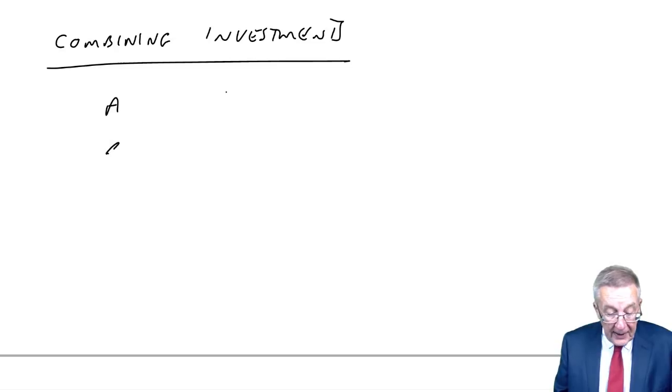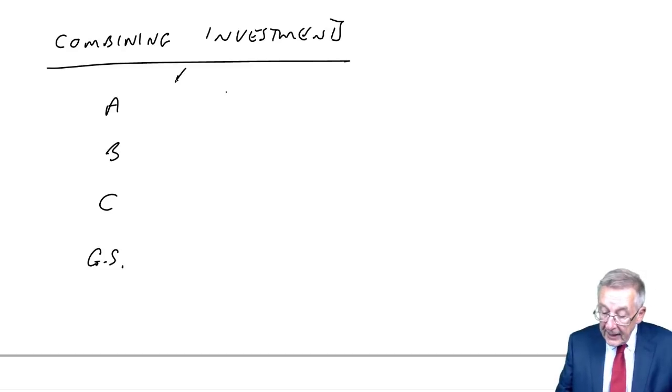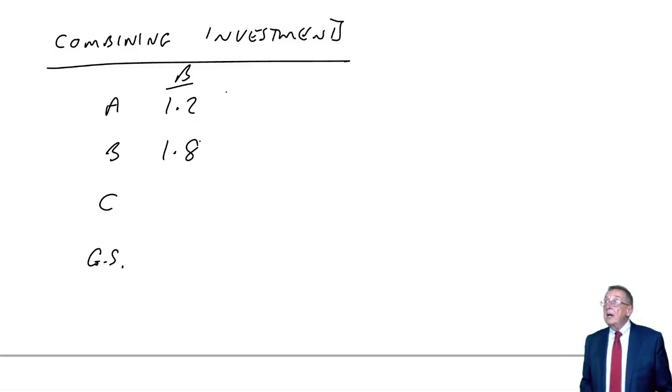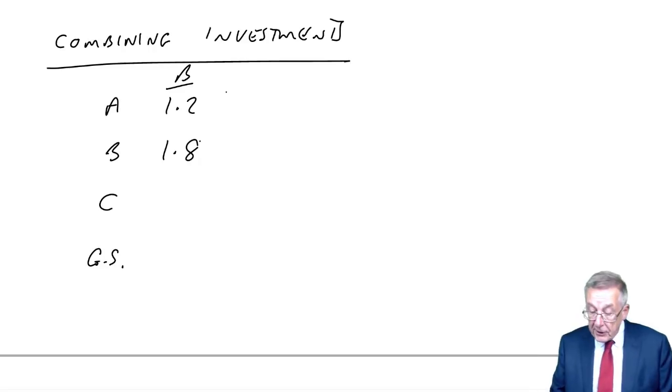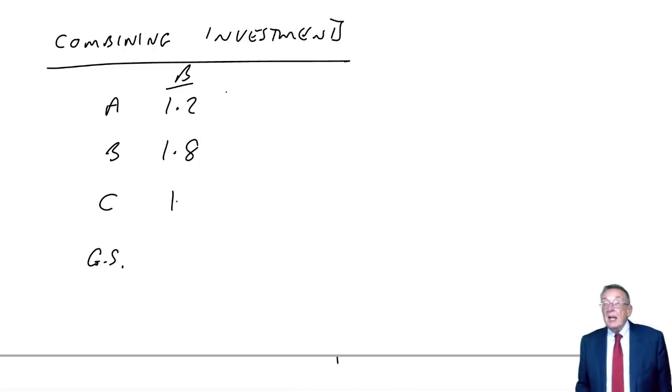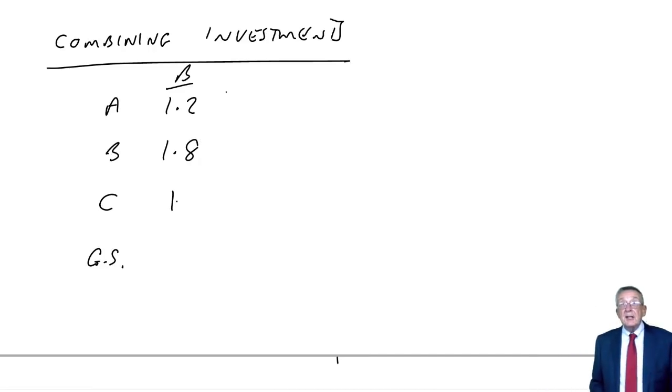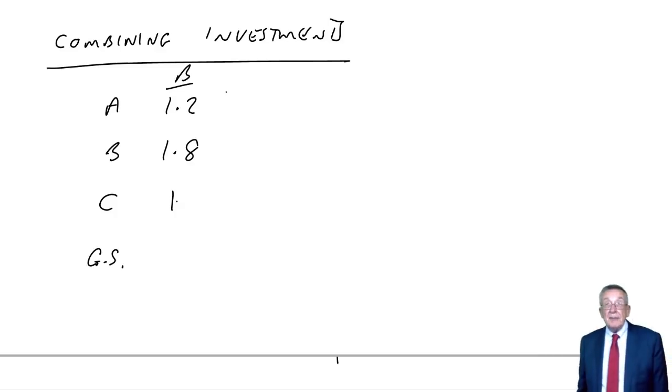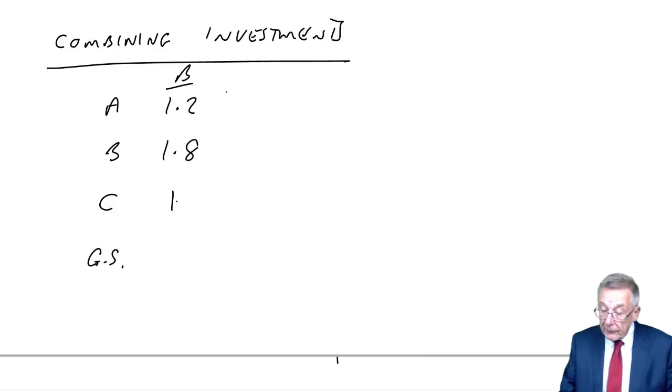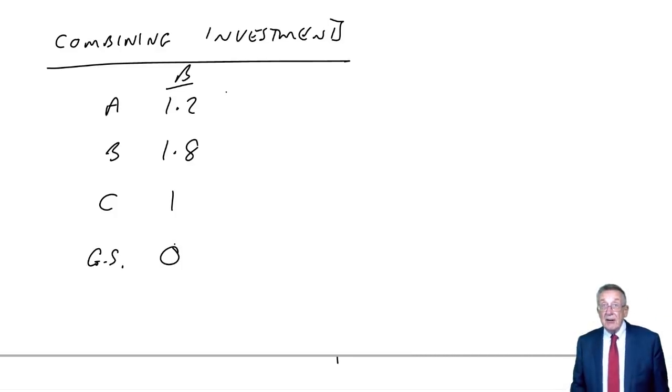So here with A, B, C, and government securities, the betas, A is 1.2, B is 1.8. C has the same risk as the market. So think back to what I said earlier. It's 1 times as risky, its beta is 1. Government securities, I said, are the example of risk-free. If it's risk-free, the beta is 0.